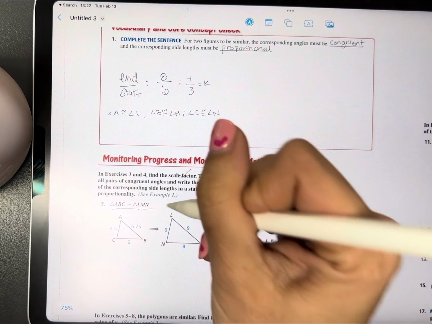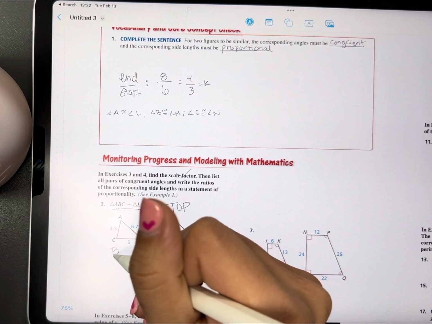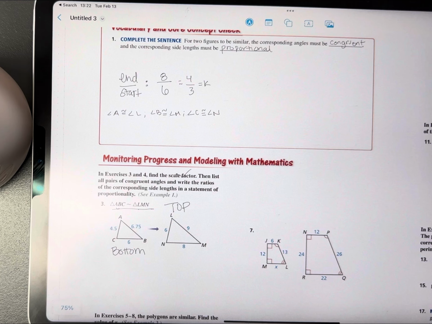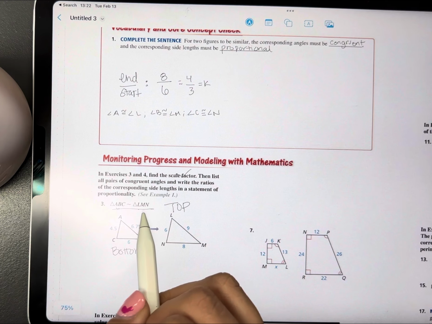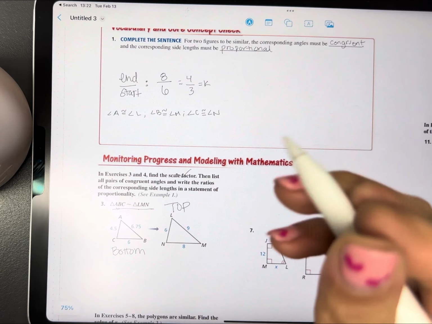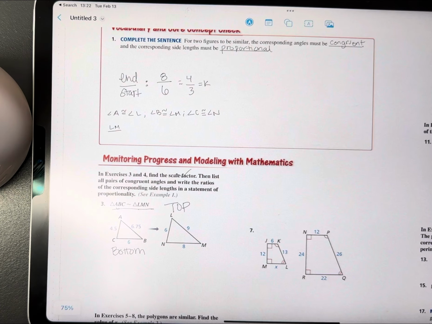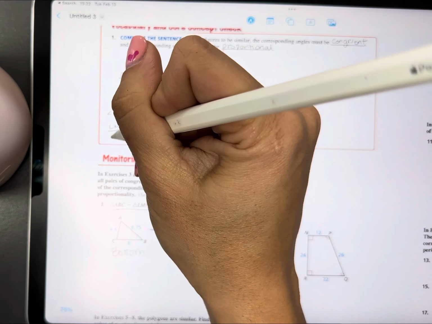I'm gonna write top here and bottom here so that I don't mess up these ratios. So I should take LM, which is 9, over AB, which is 6.75.